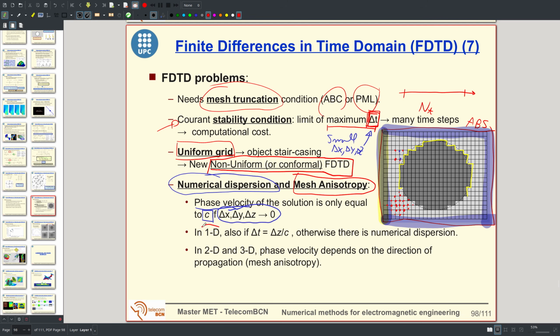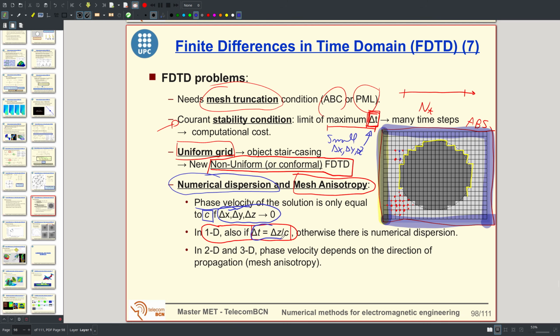In one dimension, we can also have a speed of propagation equal to c, so no numerical dispersion, if the time step is equal to the maximum given by the current stability condition.